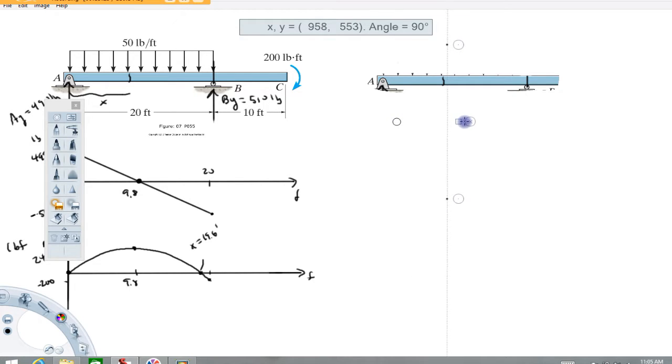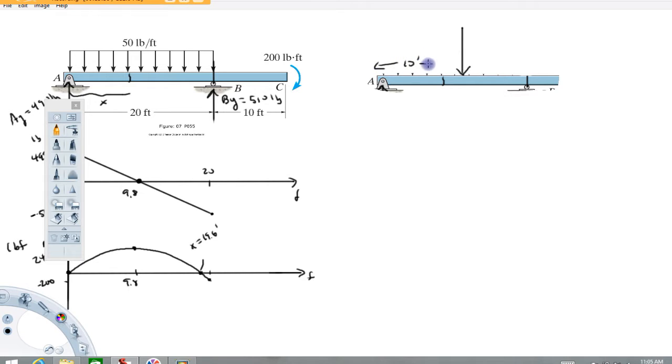Now 10 feet is halfway between these rollers, so I'm going to put a single force vector down at 10 feet, and that force vector is going to equal the area bound by the rectangle, which is 1,000 pounds. So we're going to have a 1,000-pound force at x equals 10 feet. That's for the distributed load.